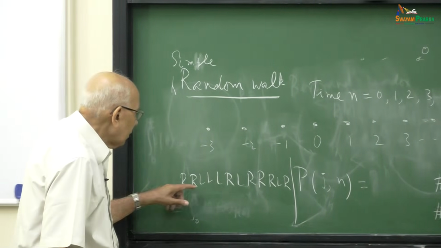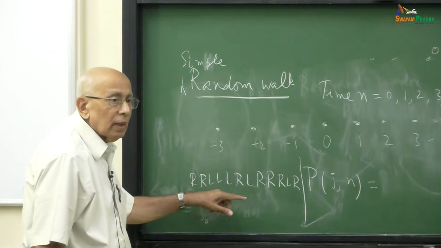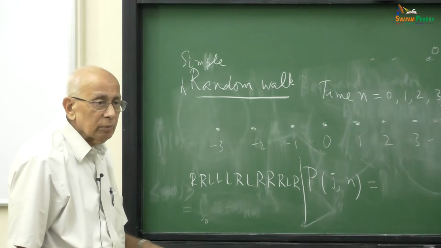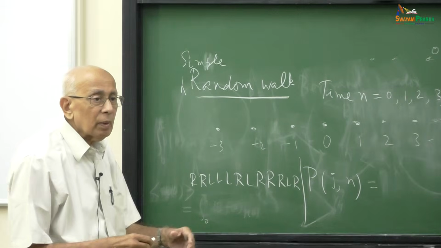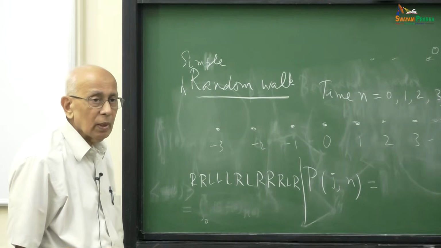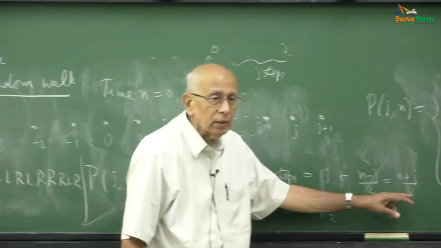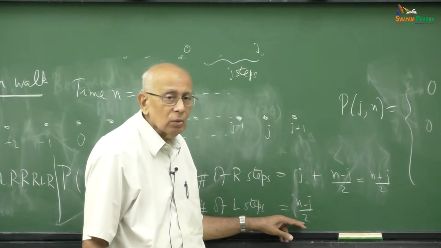Of these, the number of right steps must be at least j, and then I'm left with n minus j steps, and they must equal the number of L steps, whatever is left. So n minus j over 2 added to j gives me n plus j over 2 right steps, and n minus j over 2 left steps.